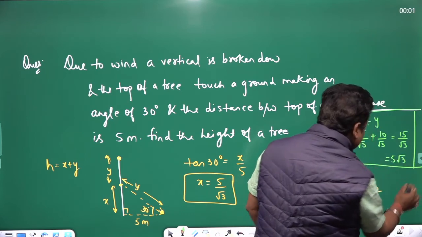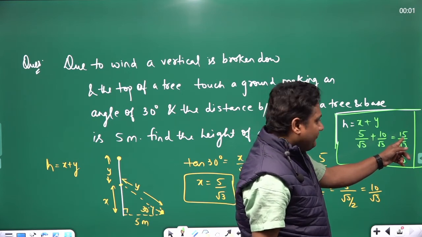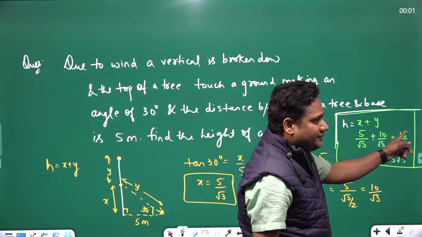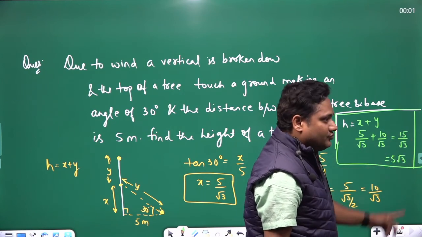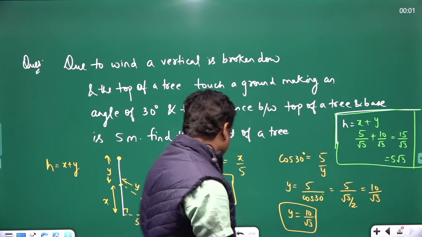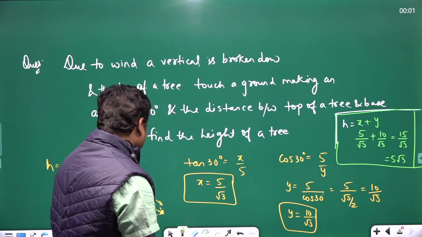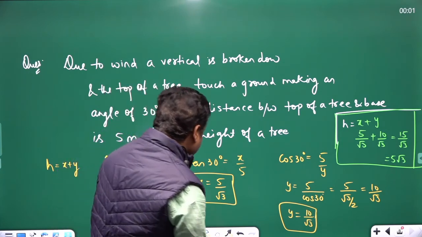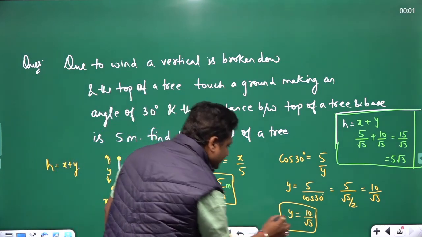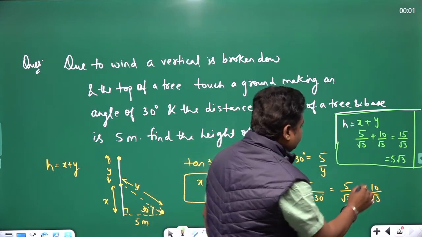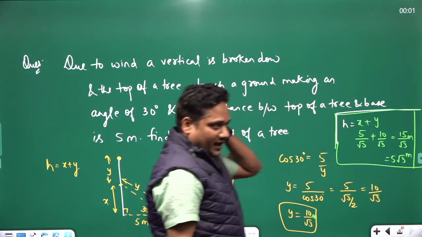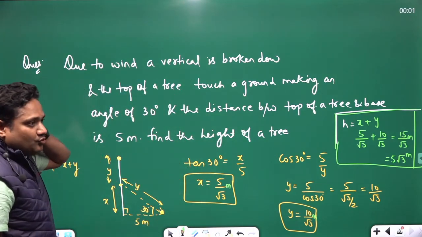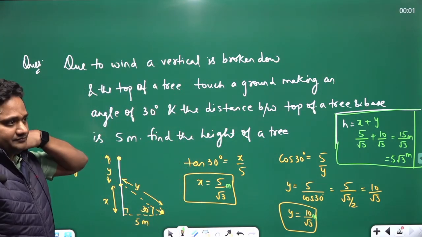That is the answer. You can break 15 into 5 into 3, so one root 3 is cancelled out. So 5 root 3 will be the answer. And the answer will be in unit, so the answer is in meter. So the total height of the tree is 5 root 3 meter. Correct?